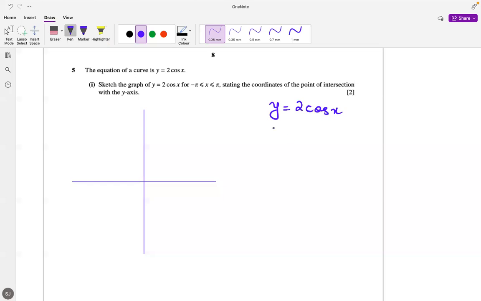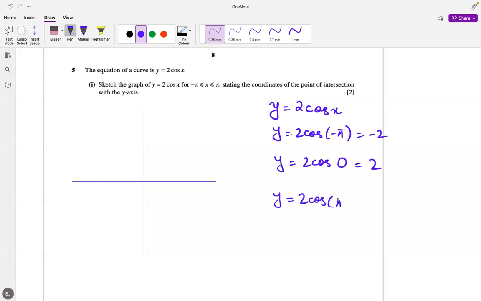So substituting x equals minus pi, 2 cos of minus pi in the calculator will give us minus 2. Substituting x equals 0, we get 2 times 1, which is positive 2, and substituting positive pi into the equation again, we get minus 2.